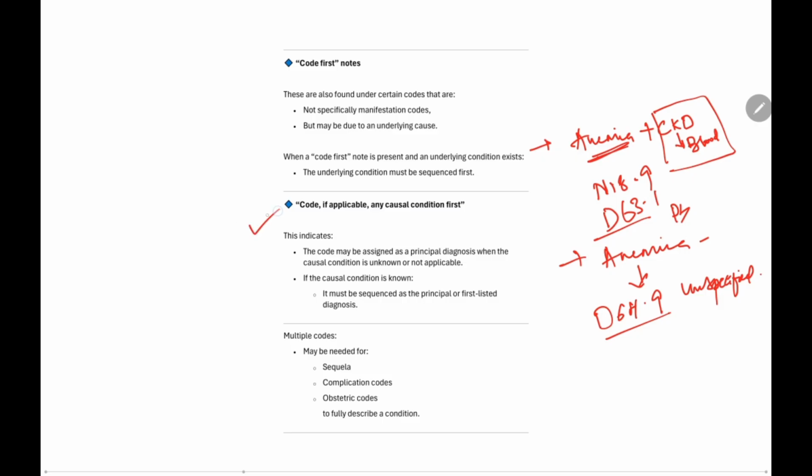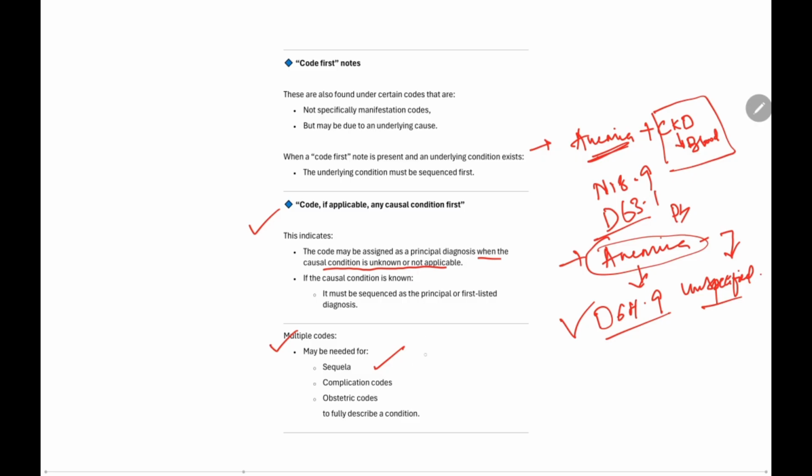That's the meaning of this: the code may be assigned as a principal diagnosis when the causal condition is not known. When anemia is not associated with any other condition and it is unspecified why it has happened, then you code the main character of that. You understood, right?